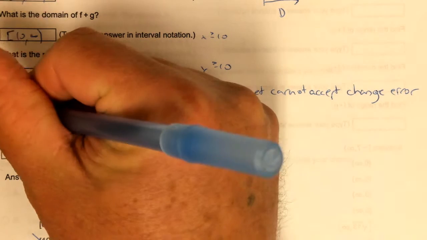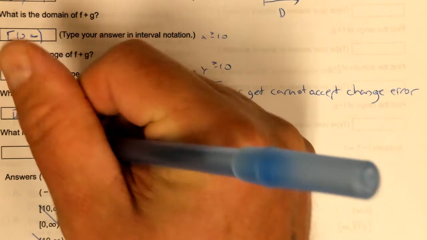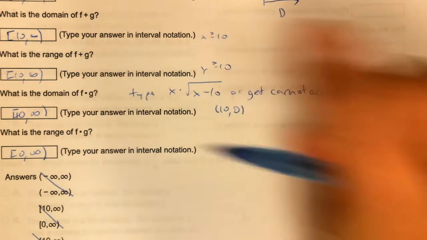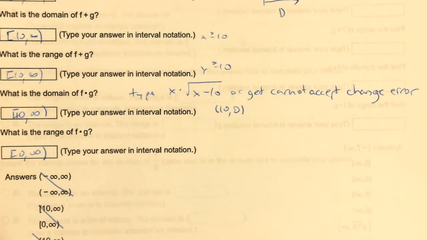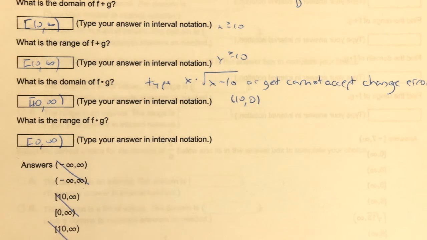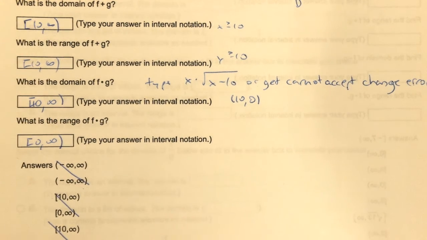So that's 10 to infinity, and this one is 0 to infinity. Okay, so there's number one. Yes, there's lots of parts, but it wasn't that hard.